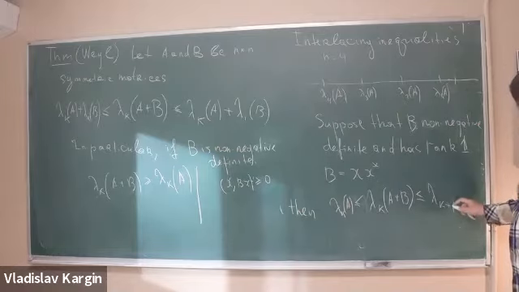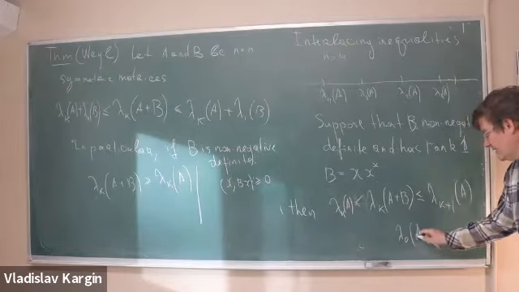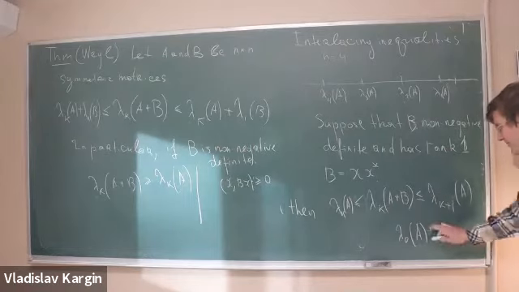of A. So this is greater, right? Lambda k minus 1 of A. Well, the assumption is that lambda 0 of A is equal to plus infinity.